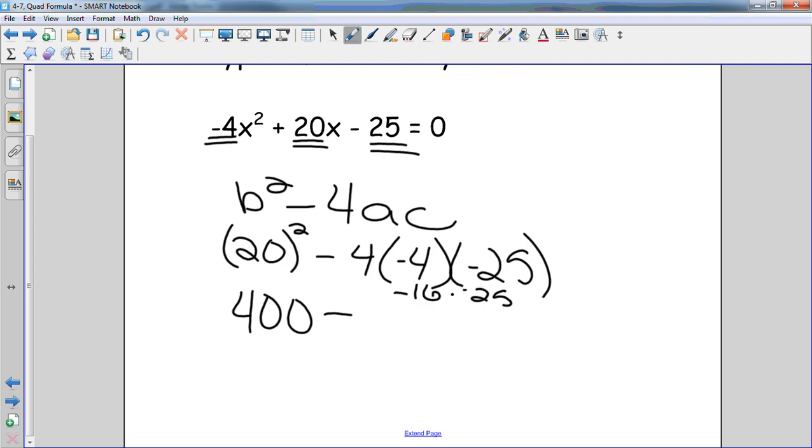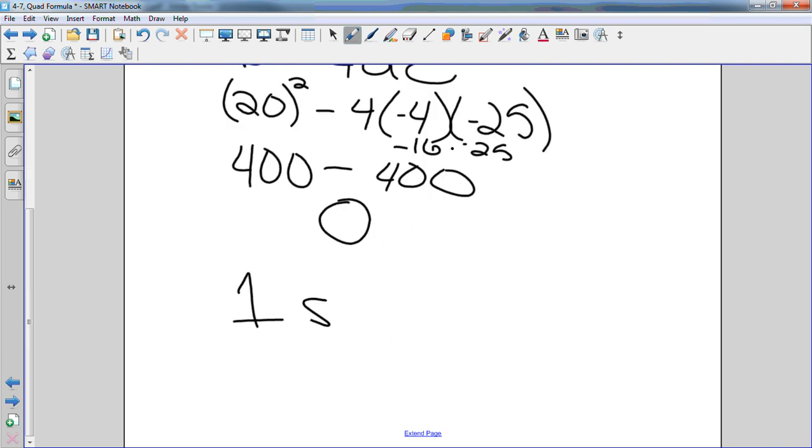How much do you have when you have 16 quarters? Not 8. 4. You have $4, right? 16 divided by 4. Got it? So I have $4. Well, this isn't obviously dollars. This is 100. So I have 400. 400 minus 400. So what kind of answer am I going to have? 1 solution. It falls on the x-axis. The vertex falls on the x-axis.